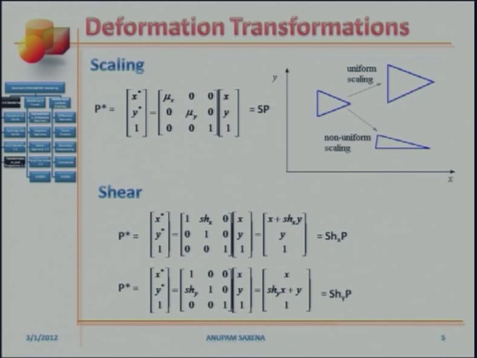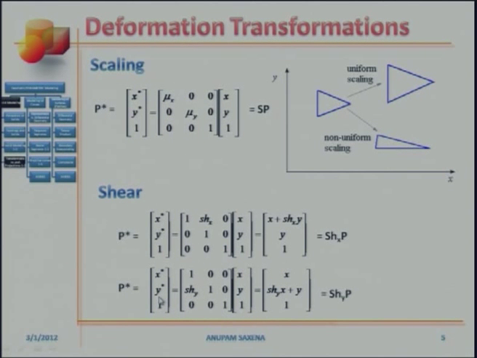Let us see what happens when we pre-multiply the column vector x y 1 with this transformation matrix. Multiplication is trivial. So, x star would be x. The x coordinate of the transformed point does not change.